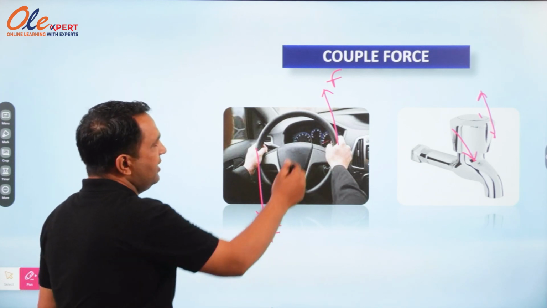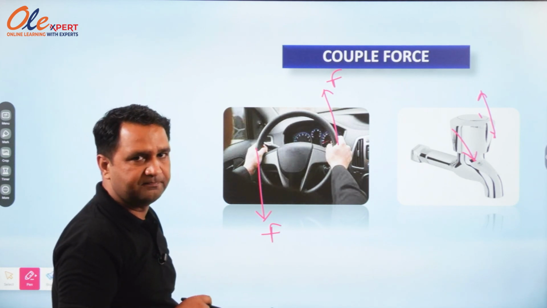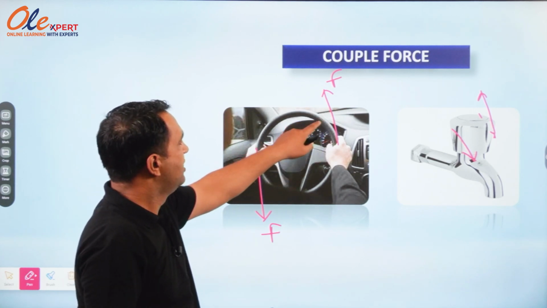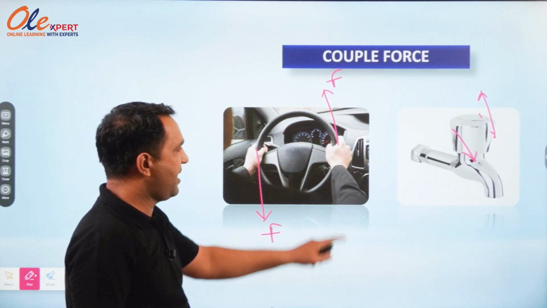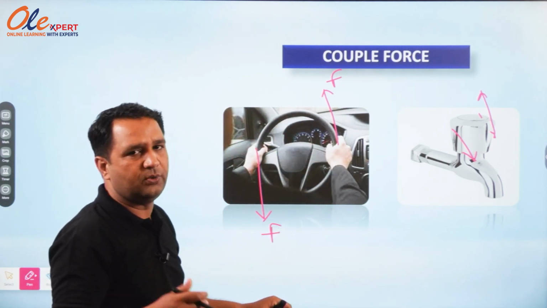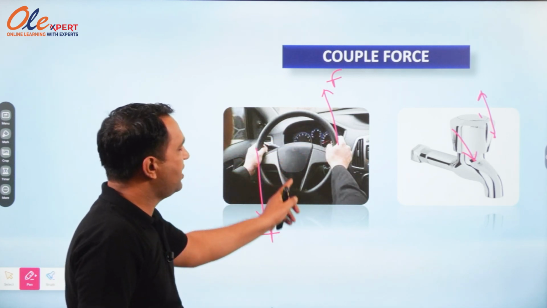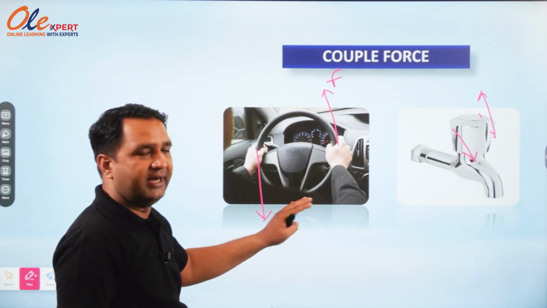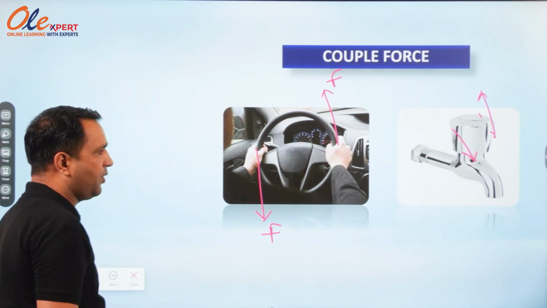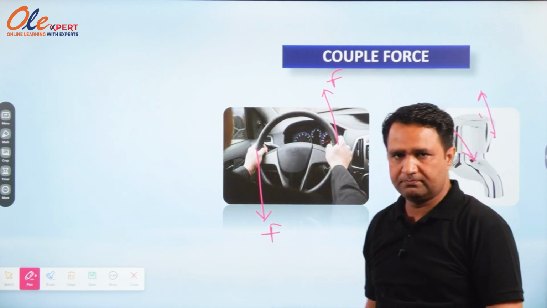The direction of these two forces should be opposite to each other, and the magnitude of these forces should be equal. And the third very important point is that it should not pass through the pivoted point. Its line of action should be different.